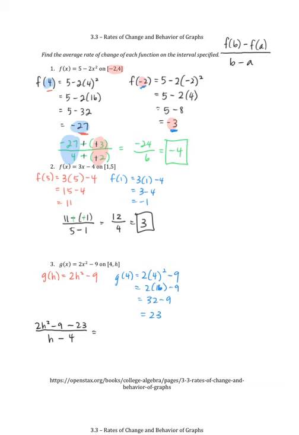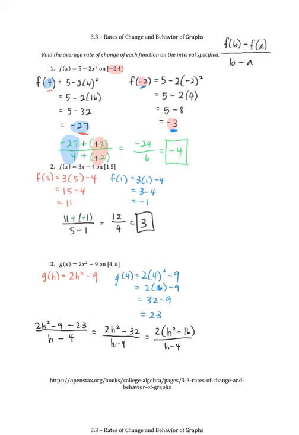Okay, so I have like terms on the top, so 2h squared, it's going to be minus 32 over h minus 4. Now you need to try to factor. So the bottom, since I don't have an exponent on the variable, it's fine. But the top, I want to try to factor that. The first thing I notice is that there is a greatest common factor. So I'm going to take out a 2, and that'll leave me h squared minus 16.